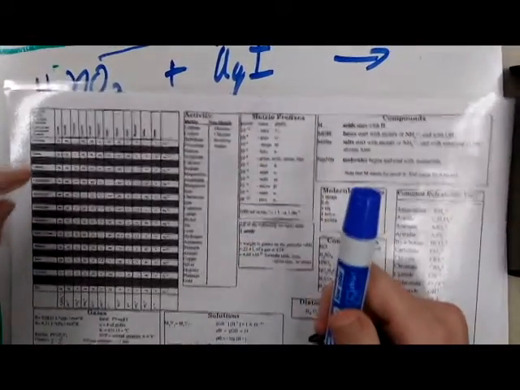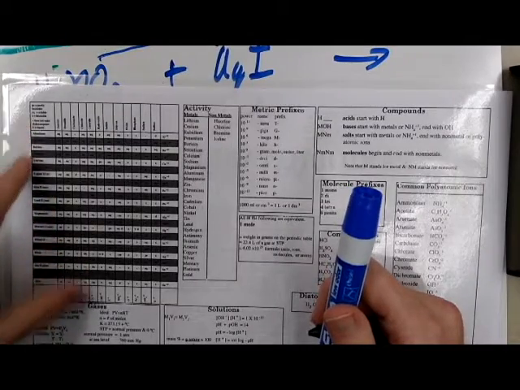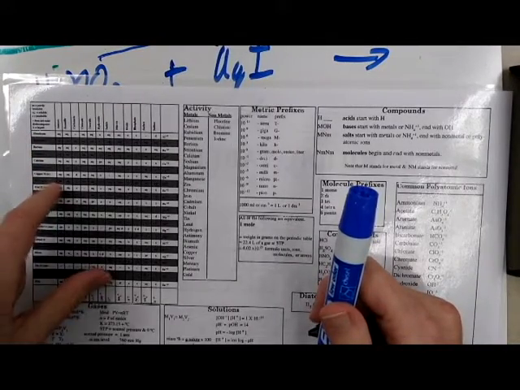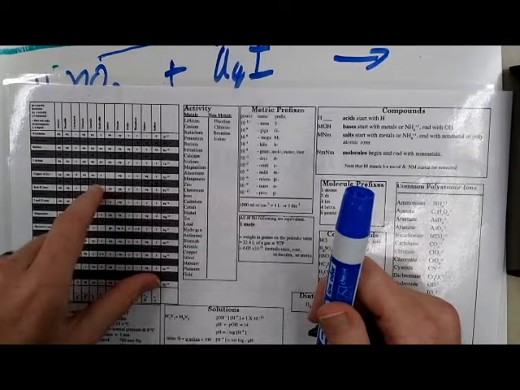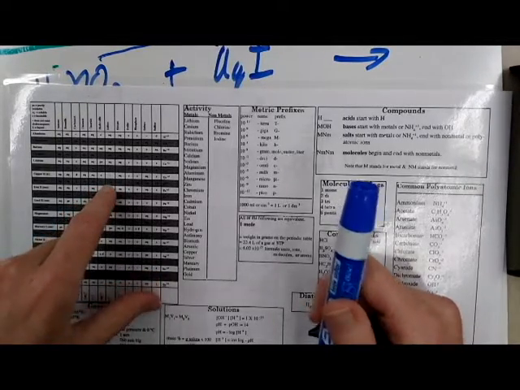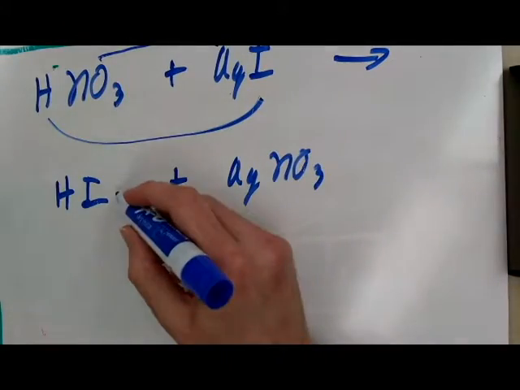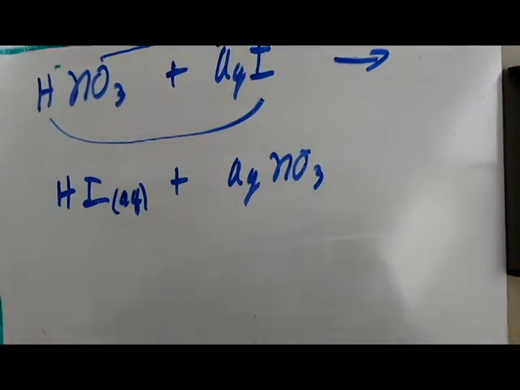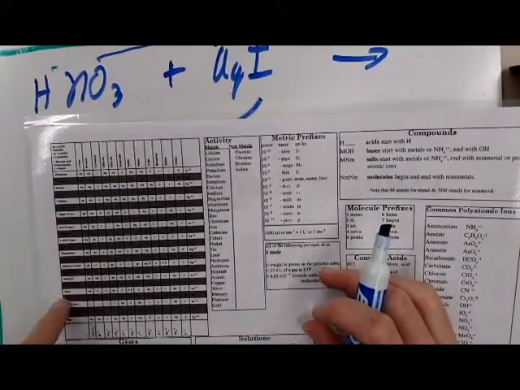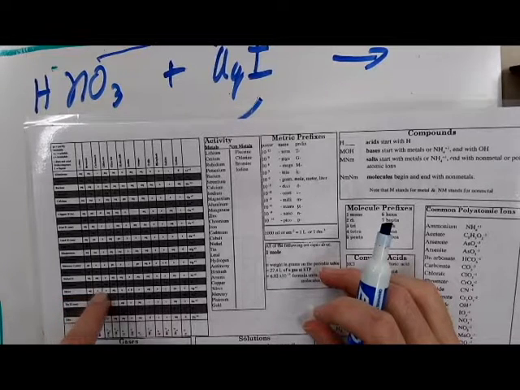So for first our hydrogen iodide, we look up here, we find hydrogen, we go over to iodide, and that is aqueous. Then we do the same thing with our silver and our nitrate. So we have silver, we go over to nitrate, and that is aqueous as well.